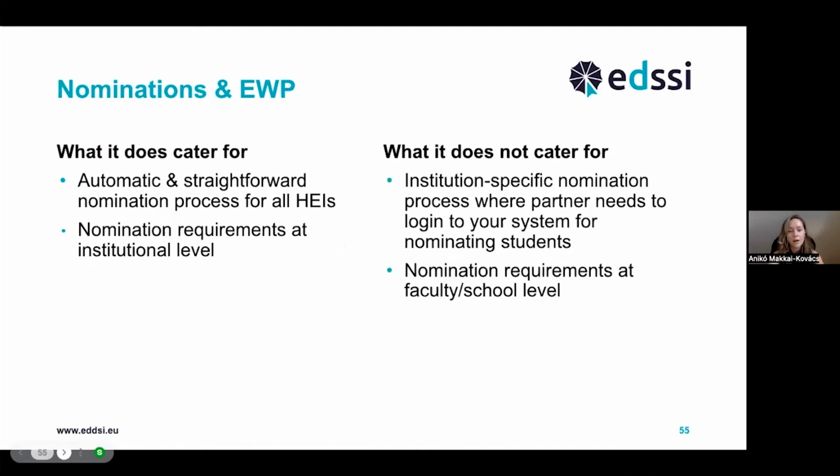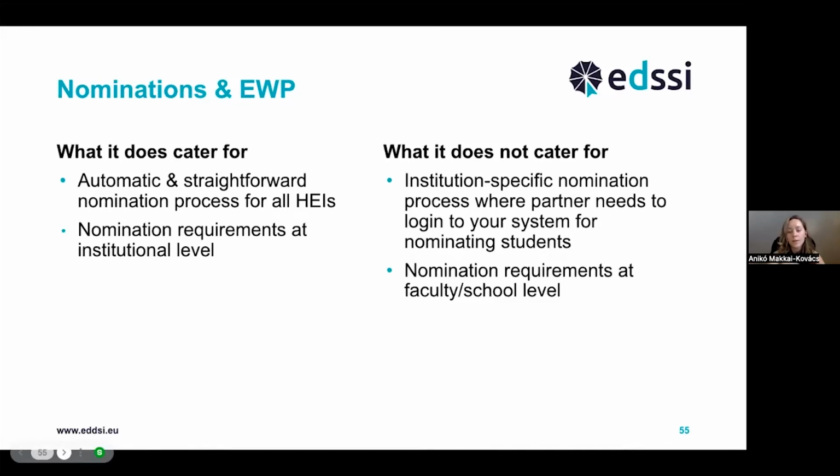And what we want to do with nominations is to clarify this process and make it automatic and straightforward, right? And the nomination requirements would be at institutional level, so different faculties and departments will not vary with the requests.